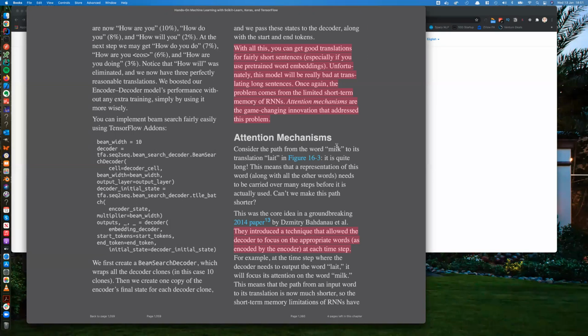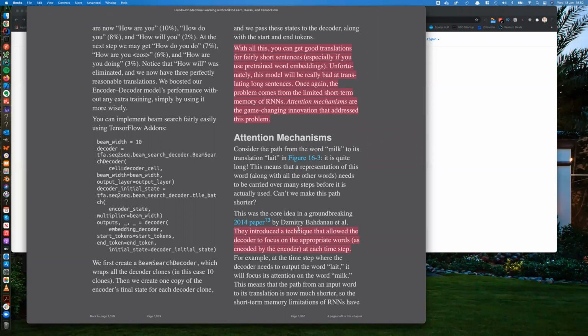So essentially, we're interested in the context when we're getting ready to translate this, and obviously, we don't want to have to carry all that context around with us. So they ask a question: can't we make this path shorter?